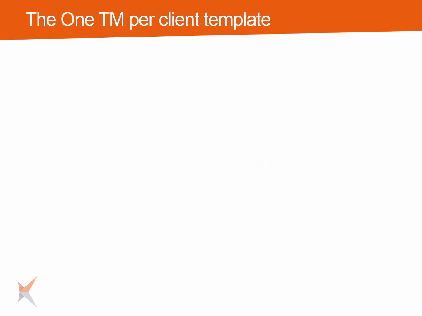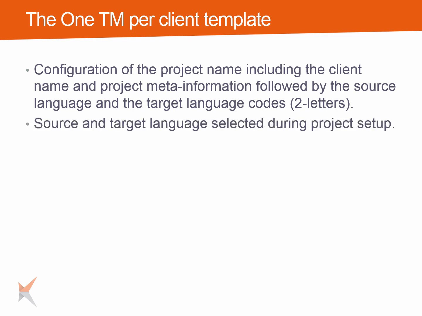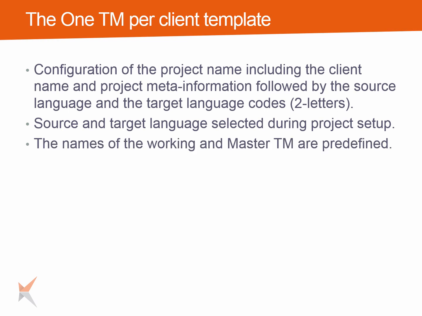Let us have a look at the 1TM per client template. It contains the configuration of the project name, including the client name and project meta information, followed by the source and target language codes. Source and target language can be selected during project setup. For translation memories, the names of the working TM and master TM are predefined.